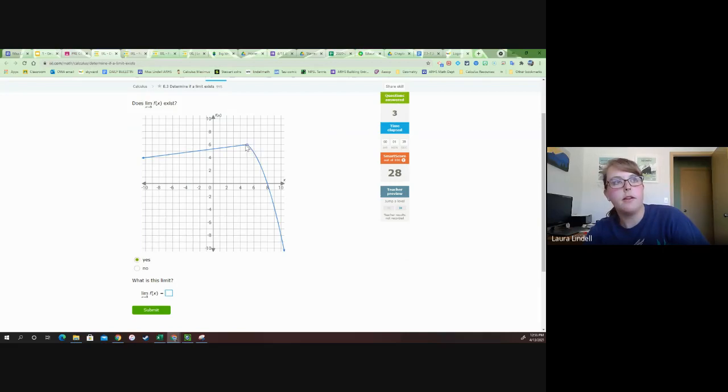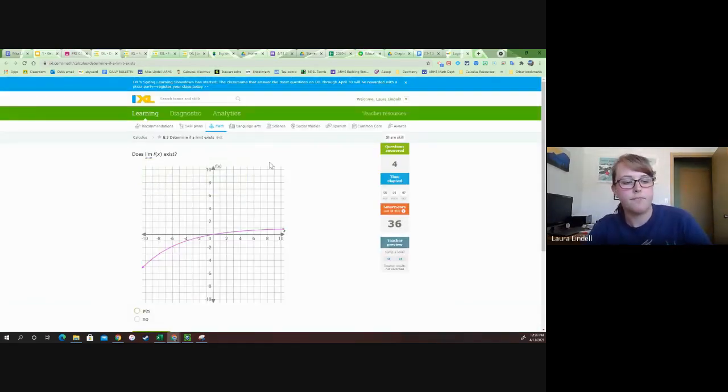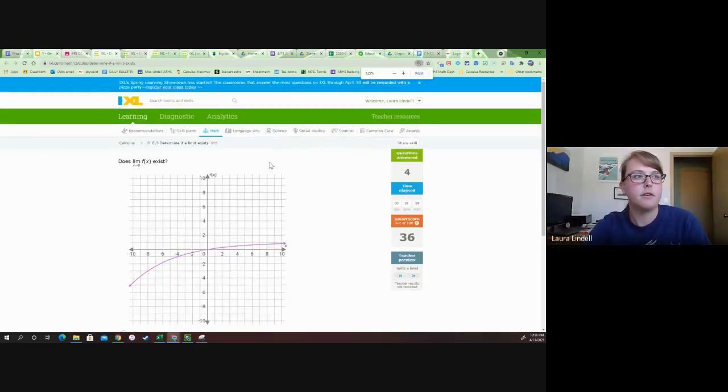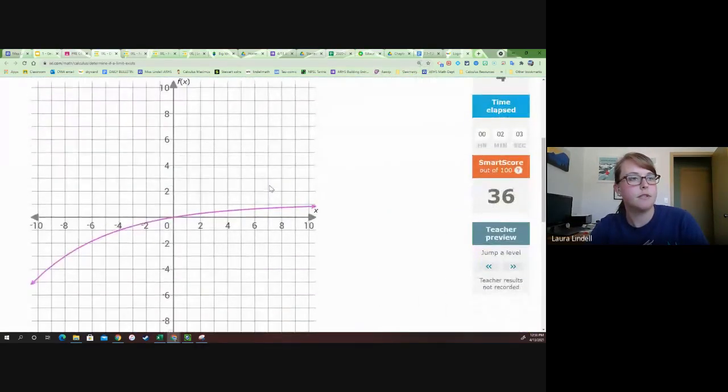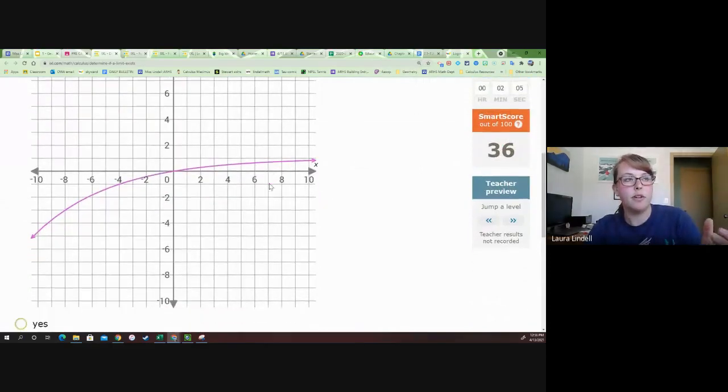It is 6. Close. The x value is 5. So then the y value, we want the y value that happens. Oh yeah, it is probably kind of hard to see the graph here. If I can zoom in a little. All right, and then this one is continuous.